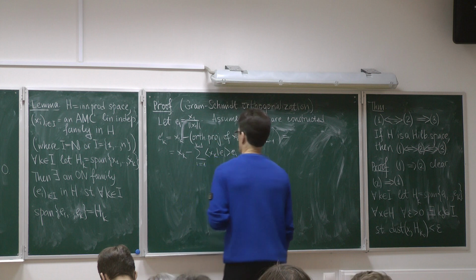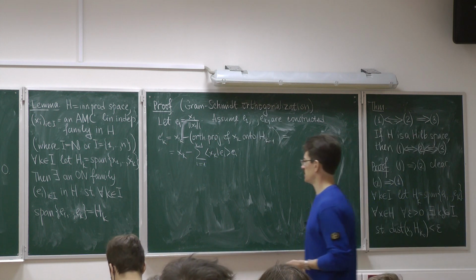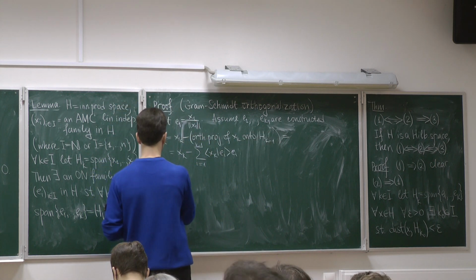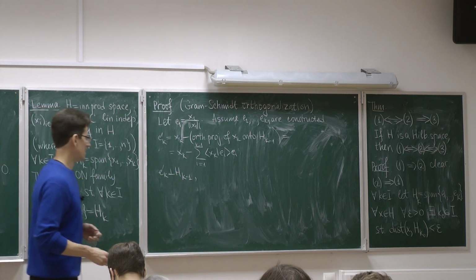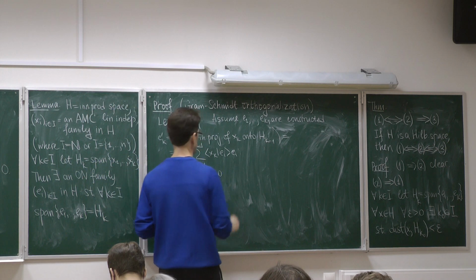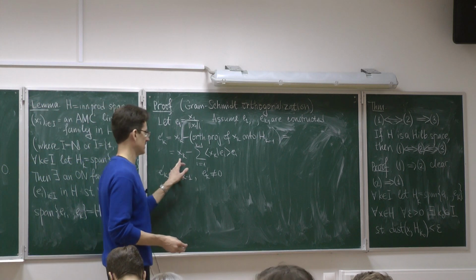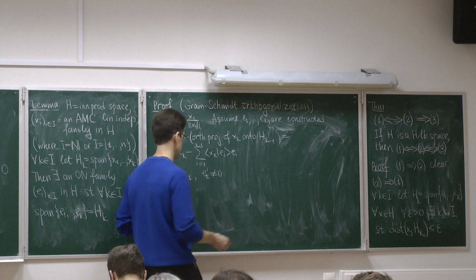So by the definition of the orthogonal projection, we see that this element Ek prime is orthogonal to Hk minus 1, and it is not zero. It is not zero because our family is linearly independent, so xk is not in Hk minus 1, and so this element is not zero.